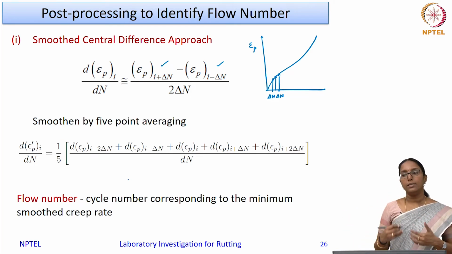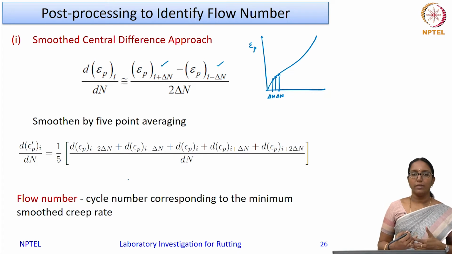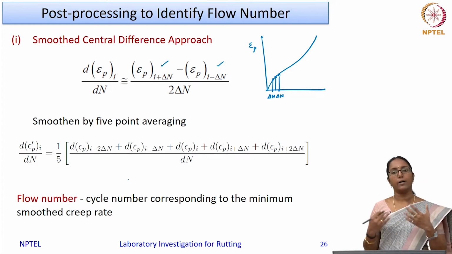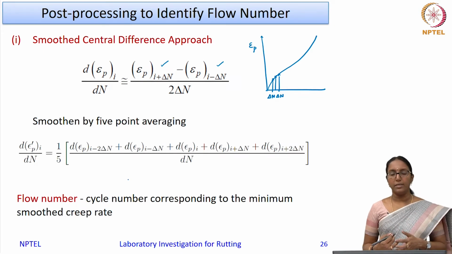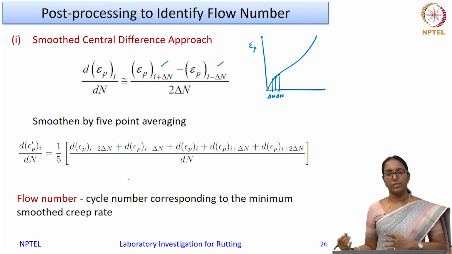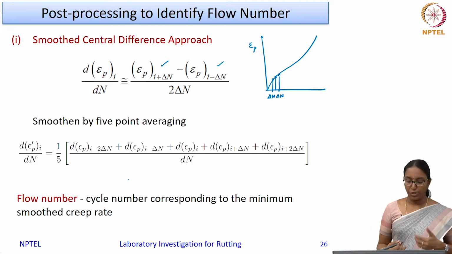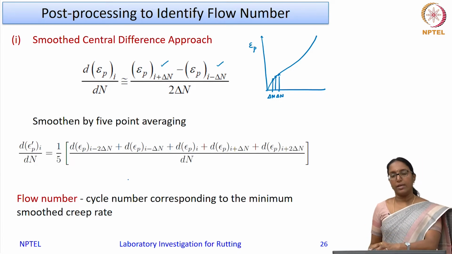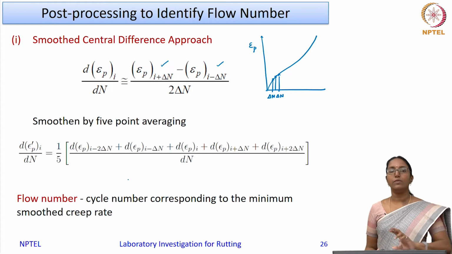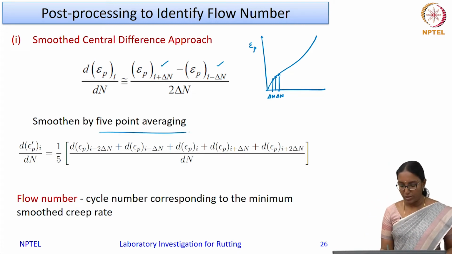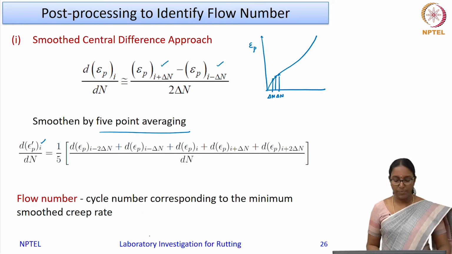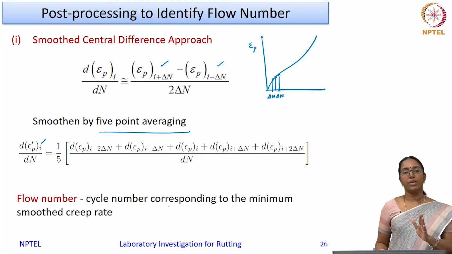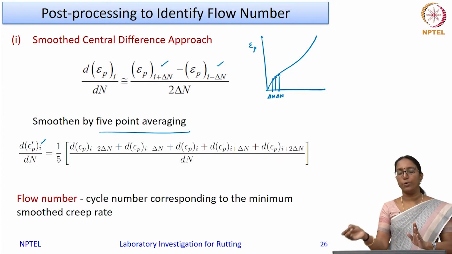Now, since this is a very heterogeneous material and you are loading it with a heavy loading like this, you need not get very smooth data. There is always going to be a lot of noise in the data. So before processing, the rate of change that you have determined, you smoothen it by a 5-point averaging. Every rate of change determined as per the above first equation, you take at every point 2 points to the left and 2 points to the right.